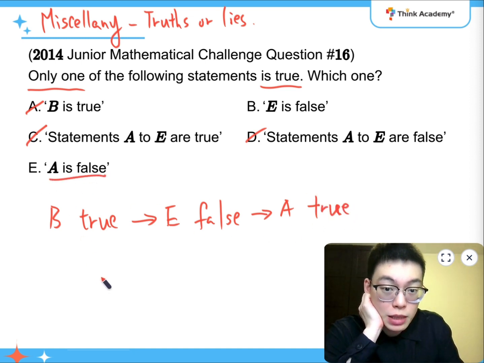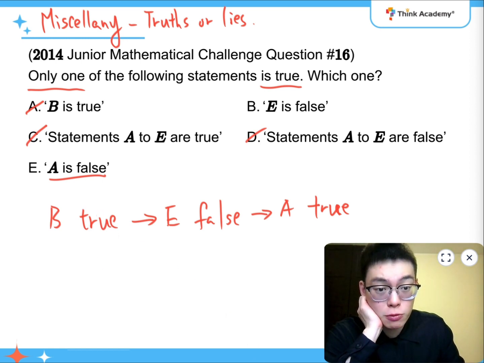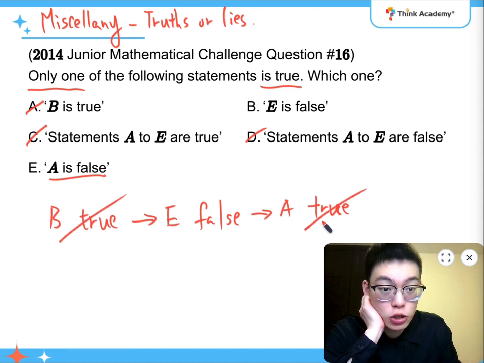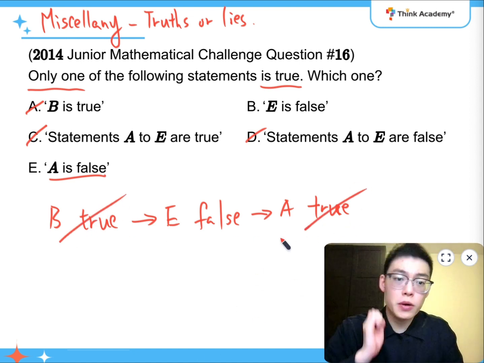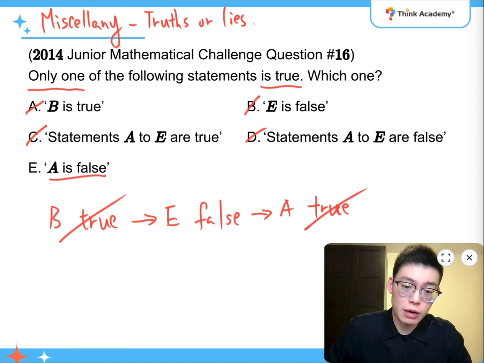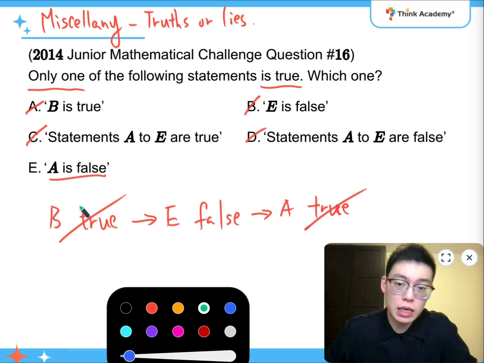So this statement is false, which means A is the opposite of false, which is true. So that is contradicting, because there will be 2 truths. So it means that B cannot be the correct answer, and the correct answer will be E.